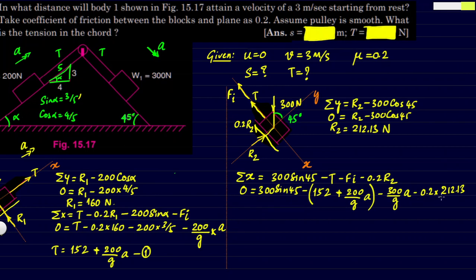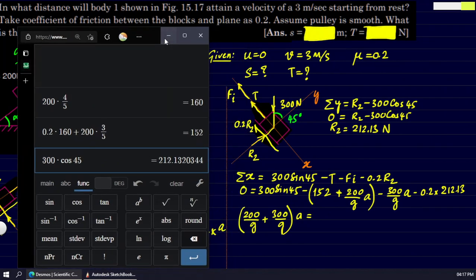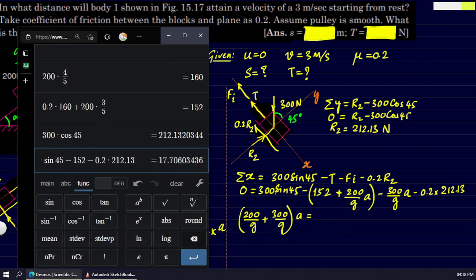So both these quantities become negative. Let's send to the other side. We get 200 by g plus 300 by g into a on the right side, and the values left here, if we do the calculation, if you calculate all the remaining terms on the right side, we get 17.71.